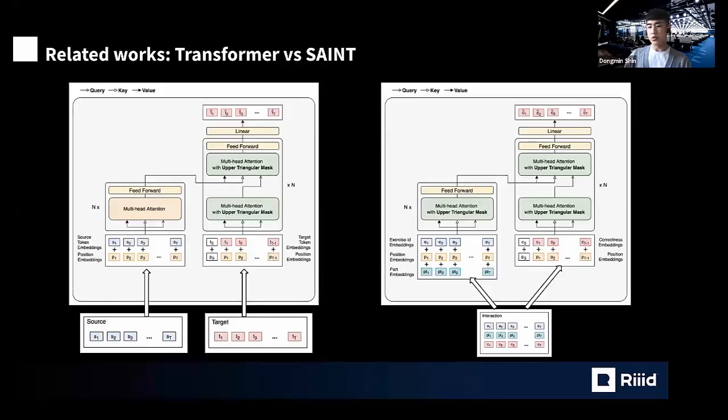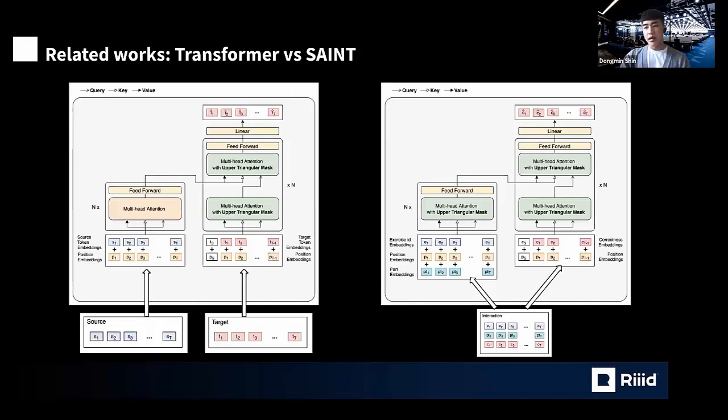Then I'm going to explain some research related to the model architecture of SAINT+. This slide shows the comparison between transformer and SAINT. I'm not going to explain the detailed model architecture of transformer or SAINT, but I'm going to explain some differences between them. Transformer was originally designed to perform the machine translation task.